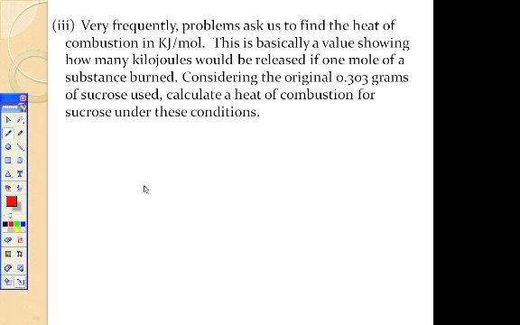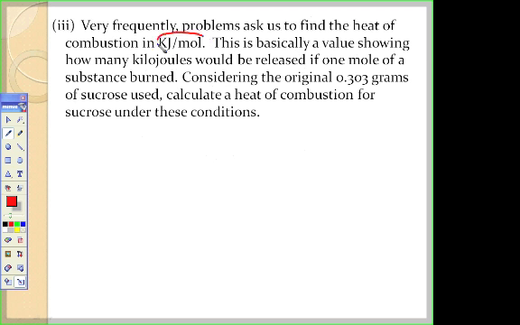Now, it's common to have to calculate the kilojoules per mole of this. And the reason is we don't just record blank kilojoules. We have to have it on some sort of comparison scale. So in order to do that, we need to convert those 0.303 grams of sugar to moles of sugar.